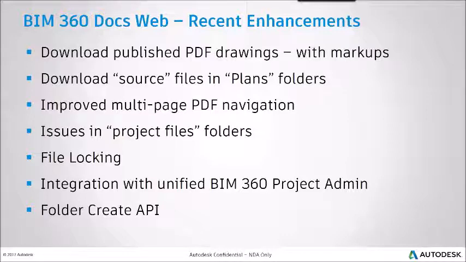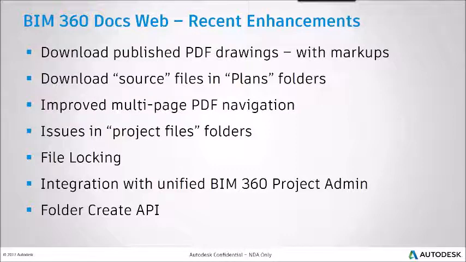You can see that we've been focusing on enhancing and improving our download capabilities. Lots of customers are interested in being able to publish out either entire sets or subsets of the documents that they've uploaded into BIM 360. And so we've been enhancing our capabilities around the download.